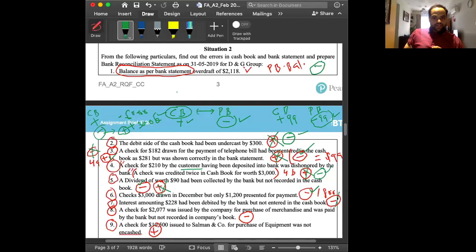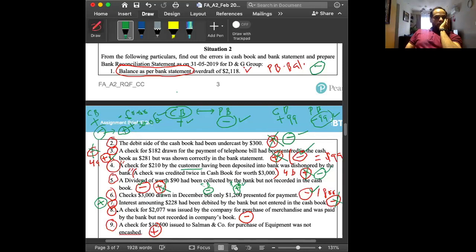The right answer is plus, not minus. Why? Because the bank minus, so I have to minus in my cash book too. So that's why plus. All right?